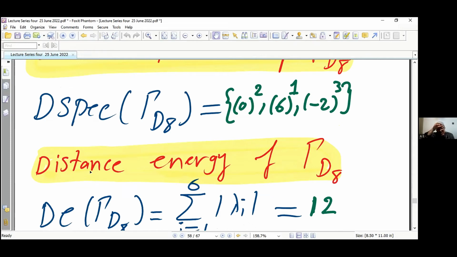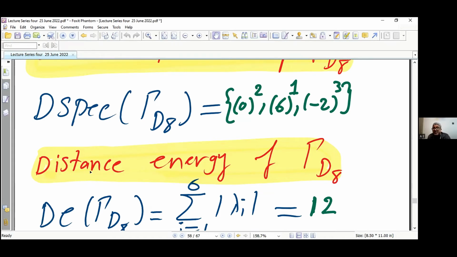Let me give some more properties about the distance matrix. The distance matrix is very important for trees. First of all, we know that a tree is connected, of course, and we don't have any cycle.